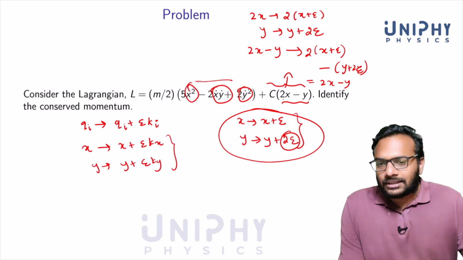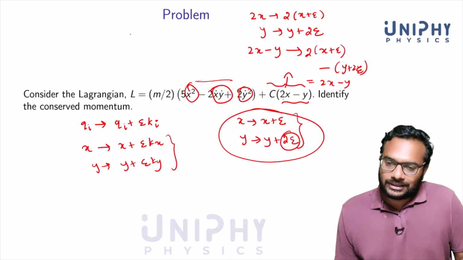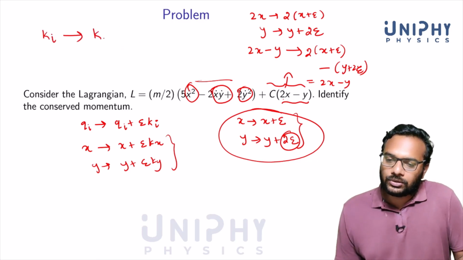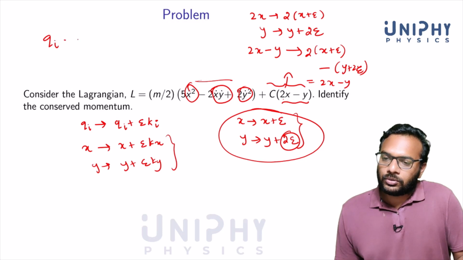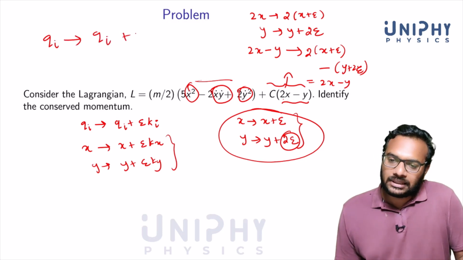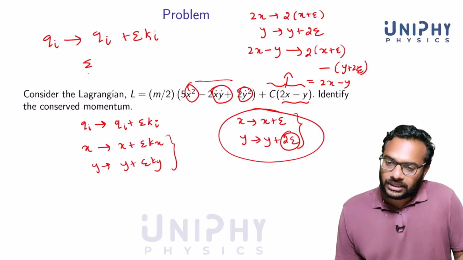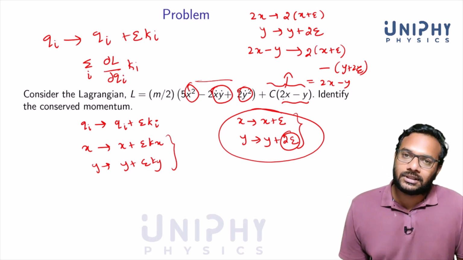Now we can find the conserved quantity by Noether's theorem, because Noether has taught us that the conserved quantity is this. If the symmetry transformation is qi going to qi plus epsilon ki, then the summation over i of dou L by dou qi dot times ki is a conserved quantity.